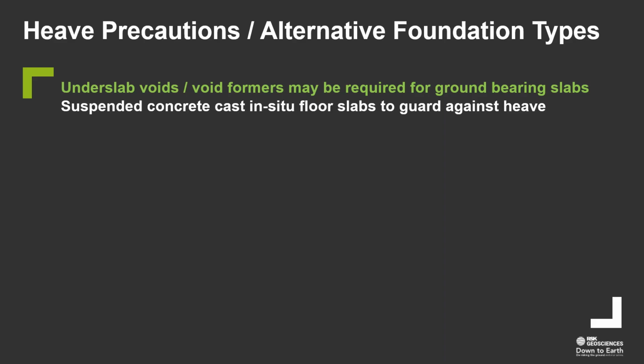And so if I look very quickly at heave precautions and alternative foundation types, then if you've got underslab voids, that will obviously mean that the floor slab itself isn't in contact with the expansive soil below. There's minimum void dimensions given in the NHBC guidance that one has to be aware of, and it does vary depending on the soil type.